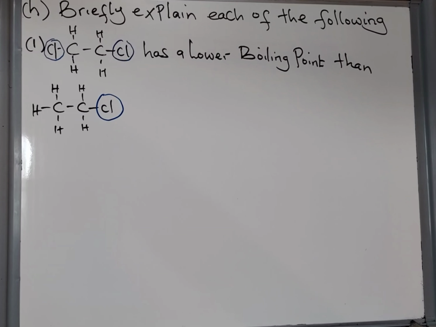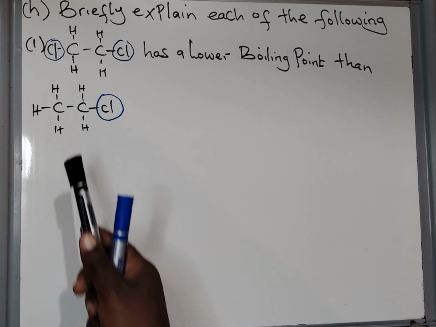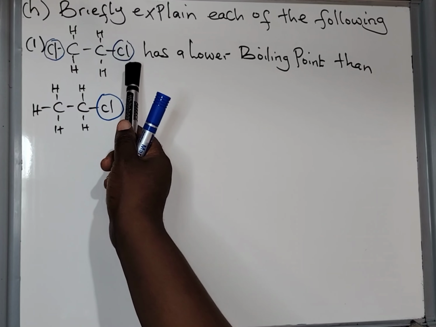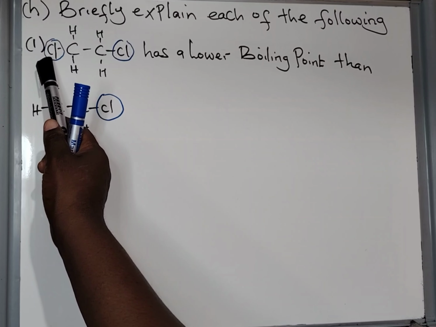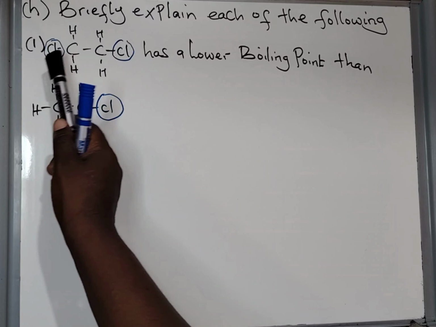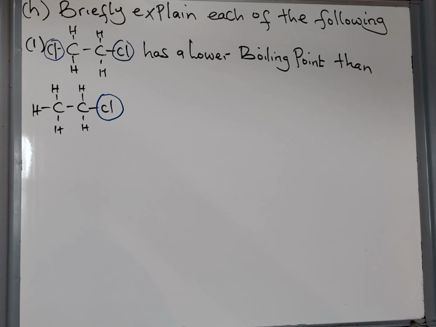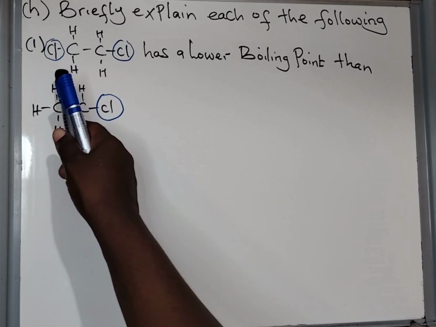The reason is from grade 11 work. We have to know that putting a chlorine atom on both atoms makes that molecule symmetrical. And when the molecule is symmetrical, it is nonpolar. So this molecule is nonpolar.